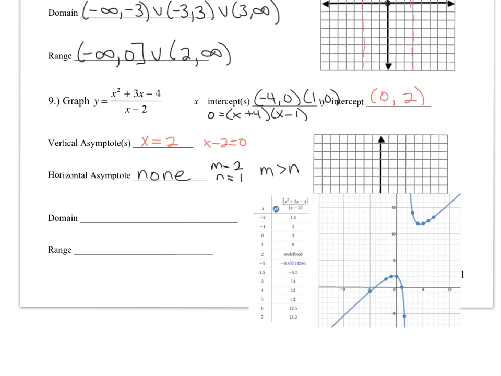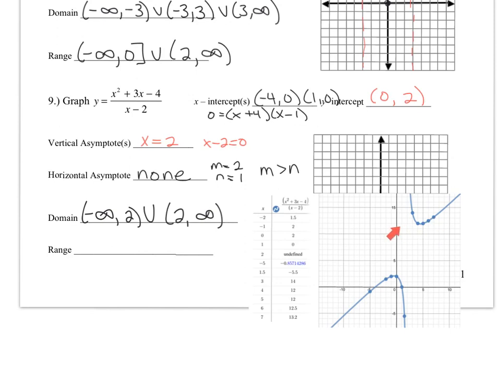So now for the domain, again, that's restricted by that vertical asymptote, so it'll be negative infinity to 2, union 2 to infinity. Now for the range, it's going to be slightly different because if you look at my graph, by the way, if you put it in a graphing calculator, this portion up here in the far right will actually not show up because the window is too small.